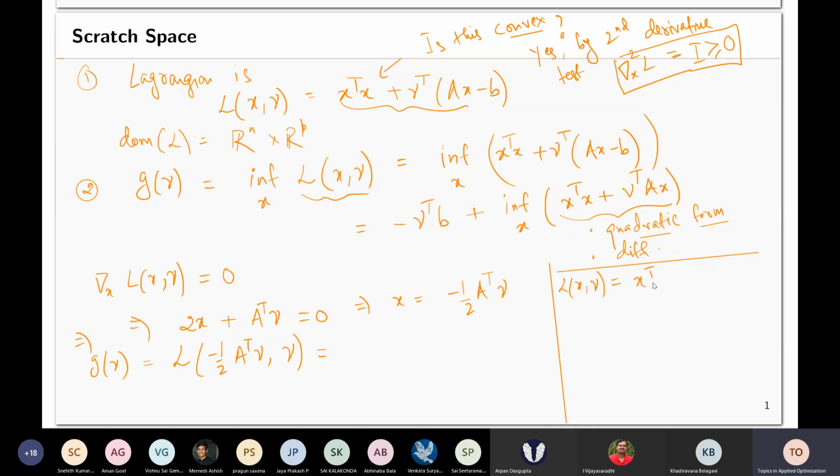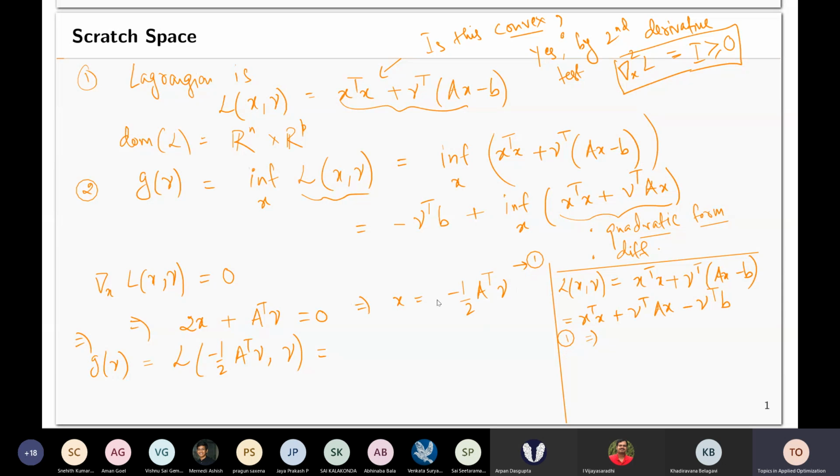L(x, nu) is x transpose x plus nu transpose (Ax minus b). This is x transpose x plus nu transpose Ax minus nu transpose b. Now, do we see something here? Let us say this is 1.